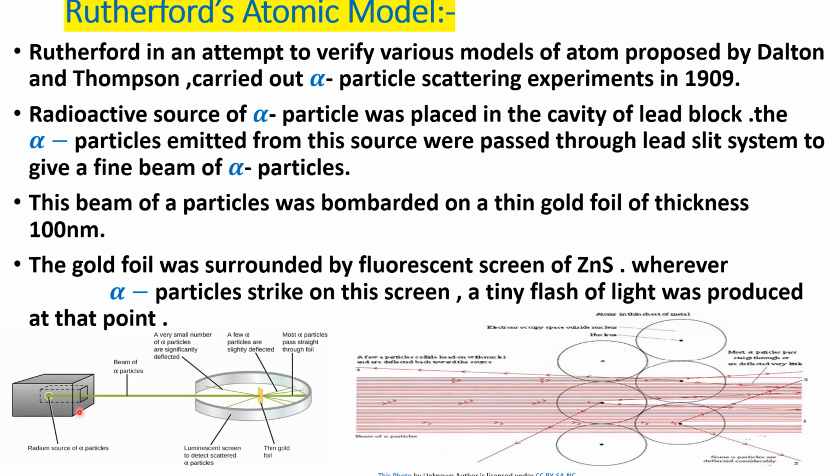This simple diagram you have to observe here. The source of energy is there. The beam will be passed through this slit, then it goes to the very thin gold foil, then a number of rays will pass directly and strike the zinc sulfide fluorescent screen.